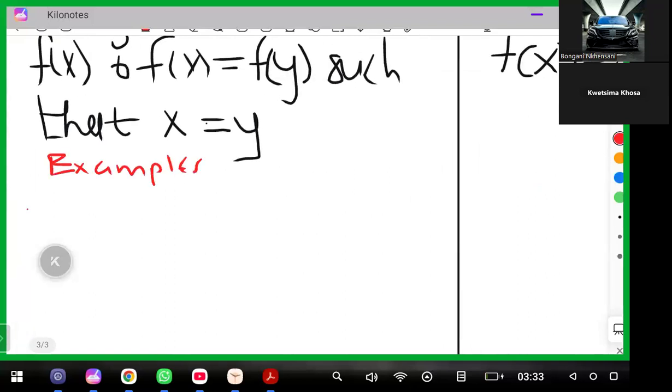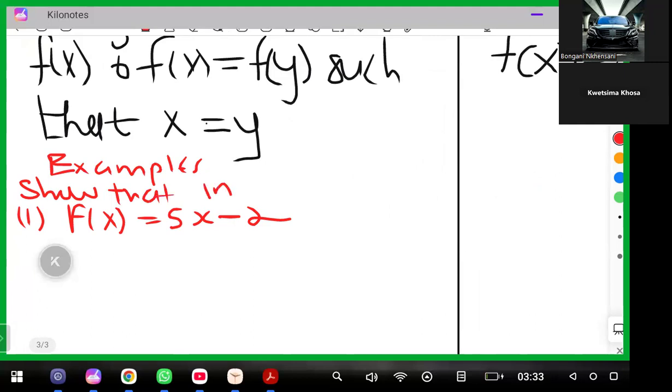So let's say you are having the function 5x minus 2. Then they say show whether this function is injective. Let's start with showing that the function is injective.